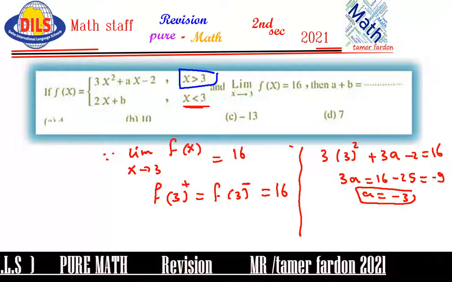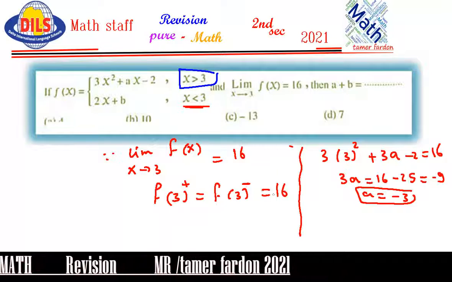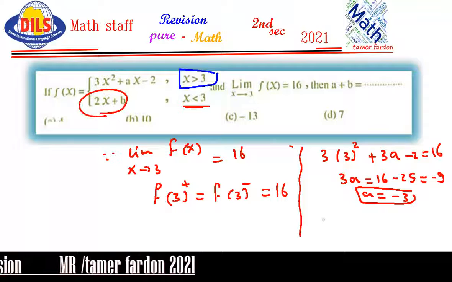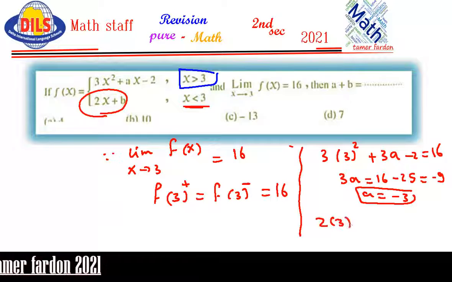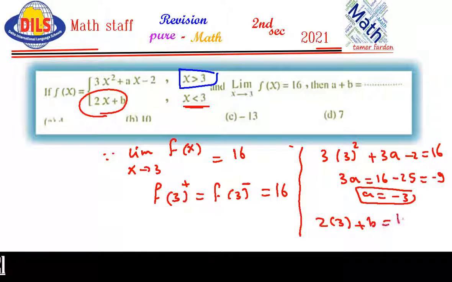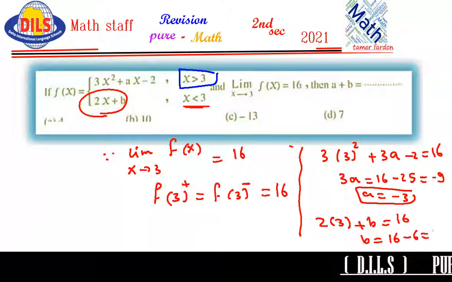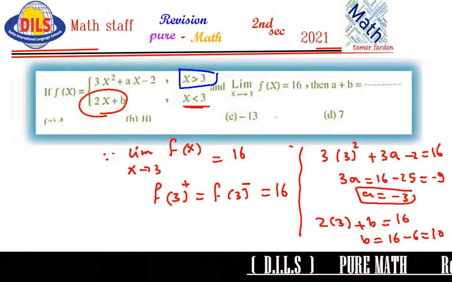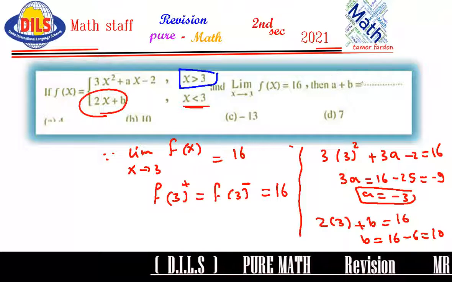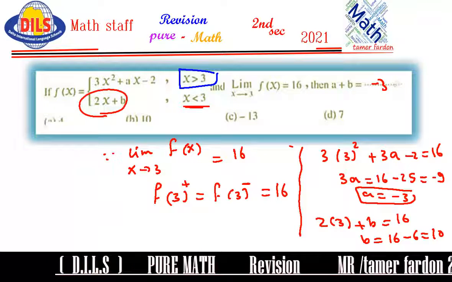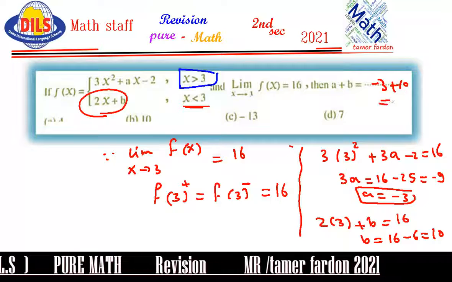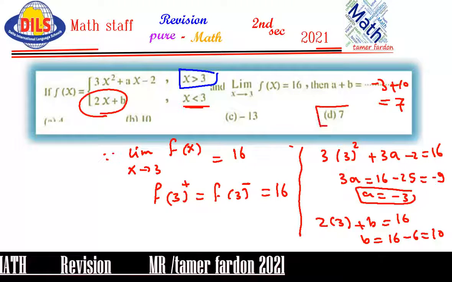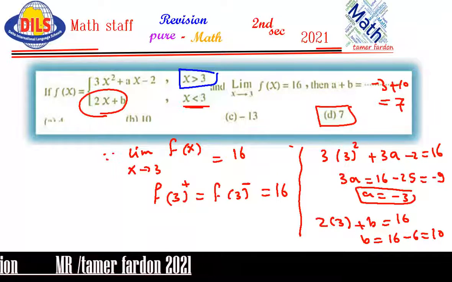Also from f of 3 negative equals 16, 2 times 3 plus b equals 16, so b equals 16 minus 6 is 10. So a plus b is equal to negative 3 plus 10 equals 7, so the correct answer is 7.